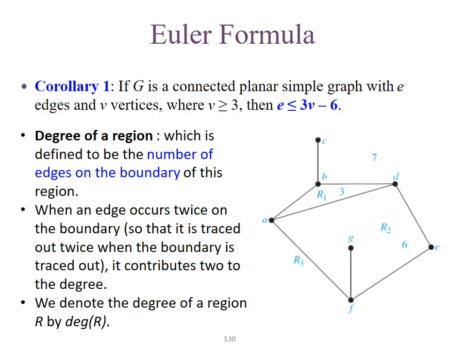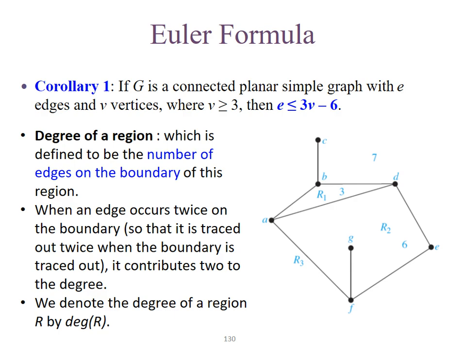And then we can see when an edge occurs twice on the boundary, then we will count it twice in the number of boundary edges of the region. For example, we have one edge here. So you need to trace along the boundary and calculate how many edges contribute to the boundary of the region.